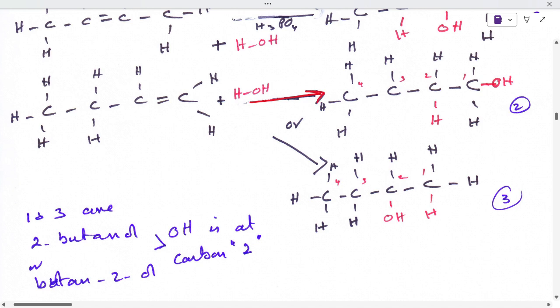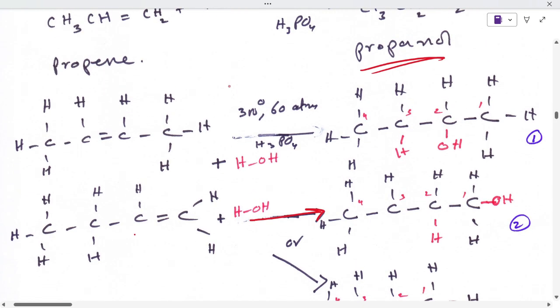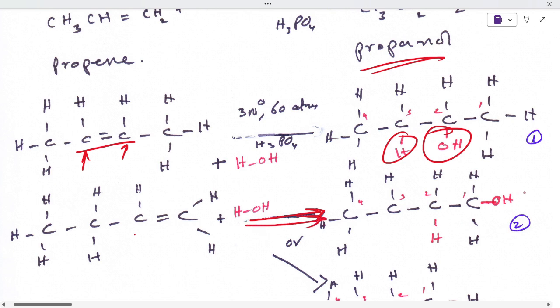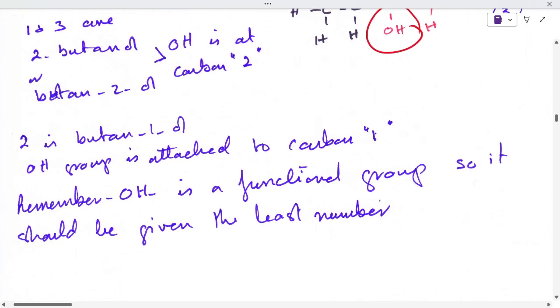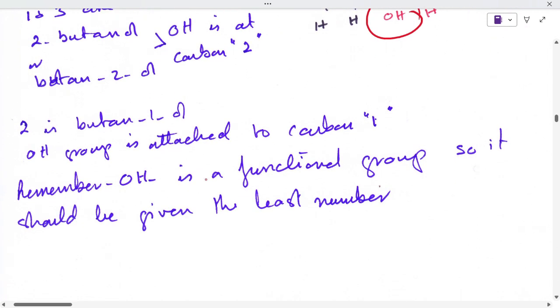The above one shows that there is a double bond between carbon 2 and 3, so it will form butane 2-ol, that is the hydroxyl group is attached to carbon 2, and then in the second one it will form butane 1-ol, that is hydroxyl group can be attached to carbon 1, and there is an option it can be attached to carbon 2, so it can form butane 2-ol also. Remember, OH is a functional group, so it should be given the least number.